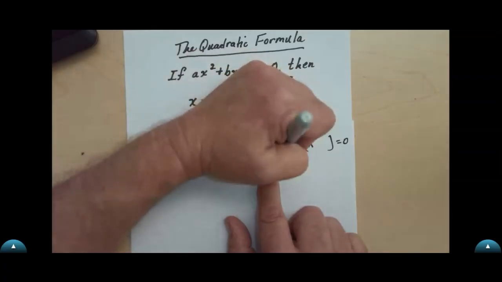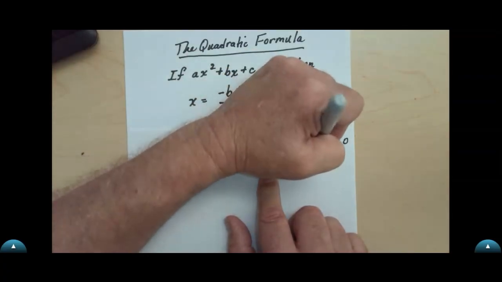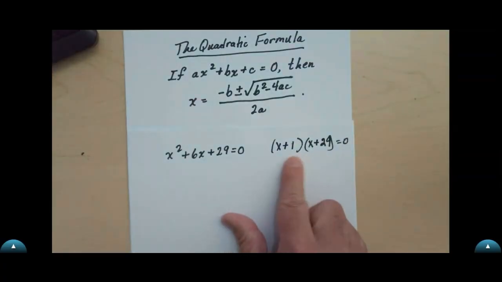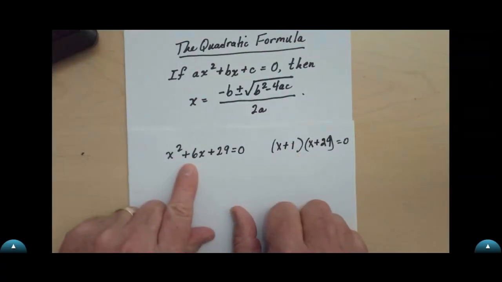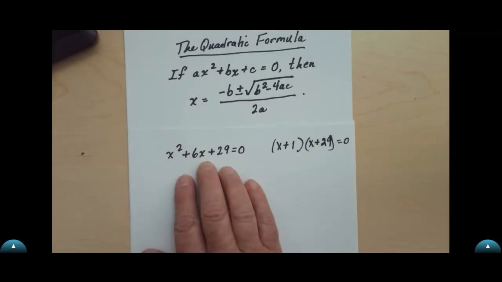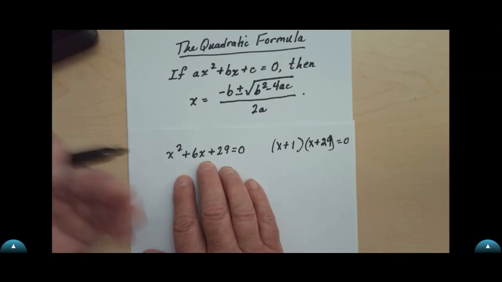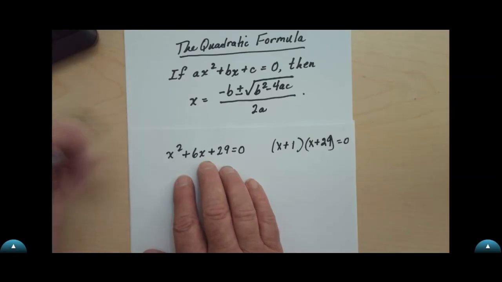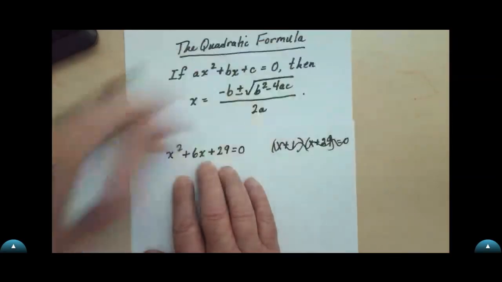That can't happen, right? This is the only pair of positive numbers that multiply to be positive 29, and they certainly don't add to be positive 6, right? So this one is a good easy example. Sometimes it's a little tricky to figure out if it could be factored or not, but this one, it's certainly not hard to figure that out.